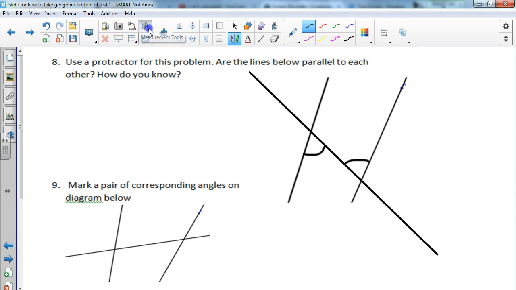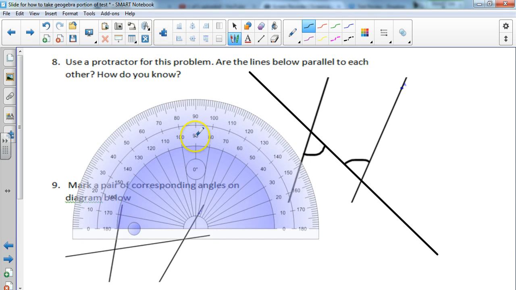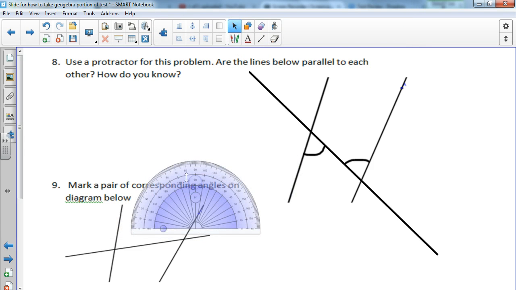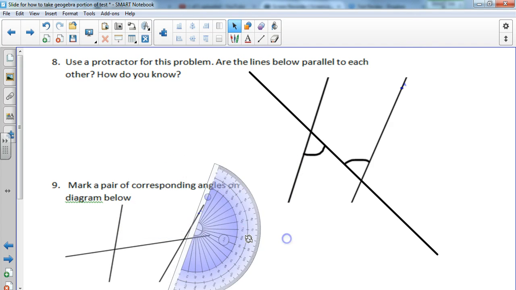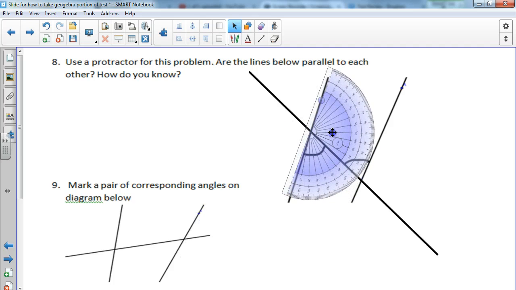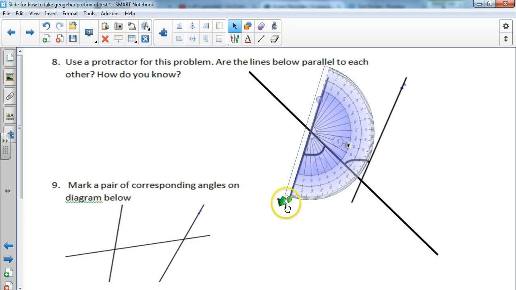So this is what it means to use a protractor. I'm going to grab my protractor tool and shrink this a little bit. Okay, let's measure this angle. So I'm just going to line this up so that one side of my angle is on the 0 line, right? My vertex is right here in the middle of the protractor. So now I can measure nicely.